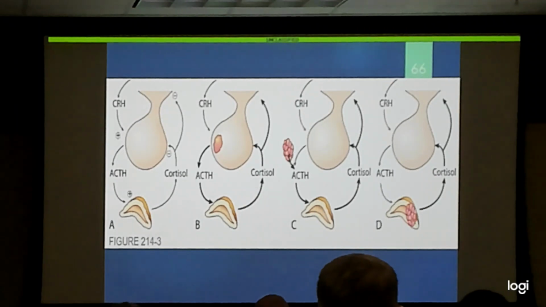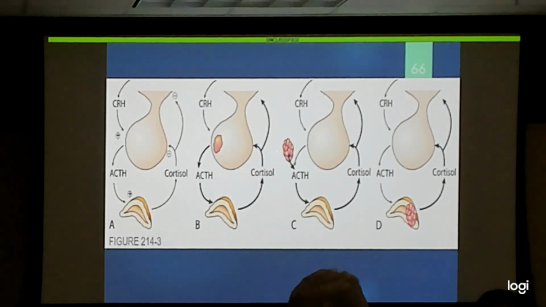My pituitary is making no ACTH, but you cannot determine pituitary ACTH versus ectopic ACTH. It looks exactly the same. Here it's being secreted from the ectopic version, small cell lung cancer or carcinoid, and that's a problem.